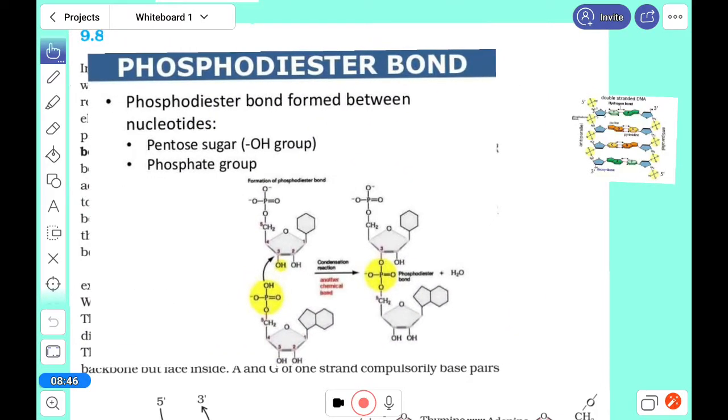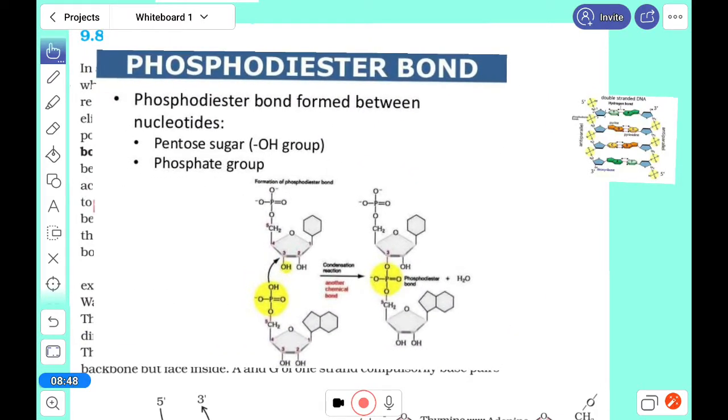Now the phosphodiester bond in nucleotides. The phosphodiester bond is formed between nucleotides, between the hydroxyl group of the pentose sugar and the phosphate group.